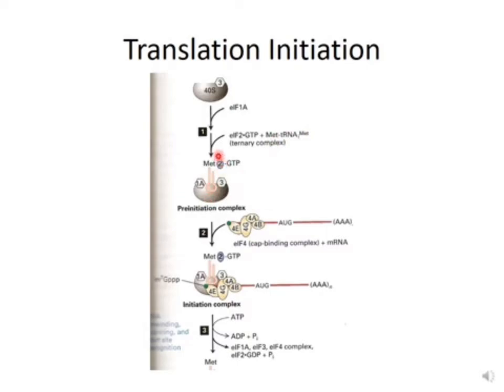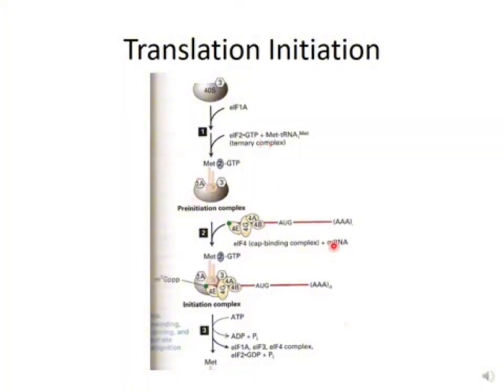So we have a complex made of the smaller subunit, the EIF3, the EIF1A, the tRNAi methionine, and EIF2 bound to GTP. This is called the pre-initiation complex.